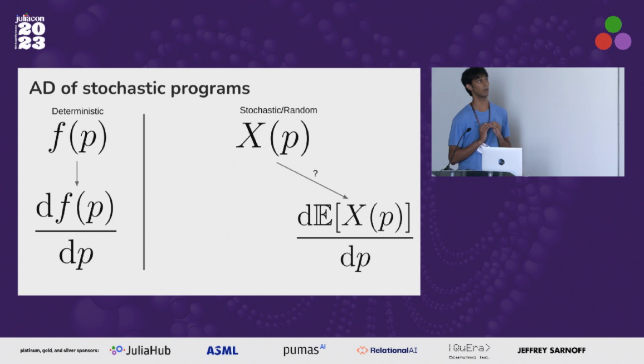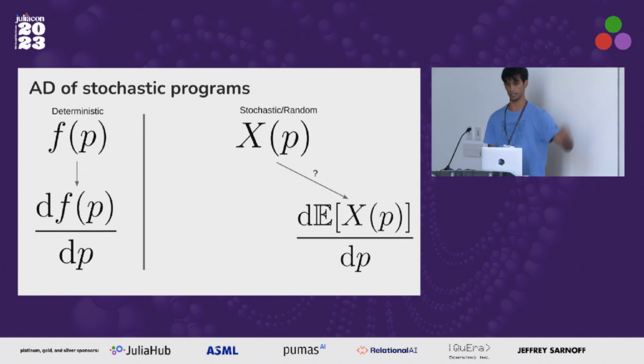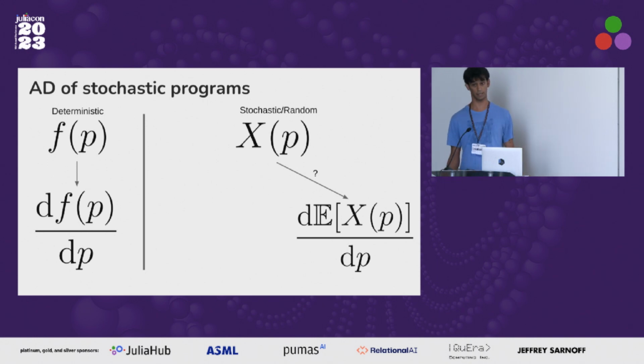Because why do people write stochastic programs? A big reason is that they estimate intractable integrals. They sample from something you can't write down in closed form. So you can't just write down this expectation as a nice continuous function and differentiate that using standard tooling.